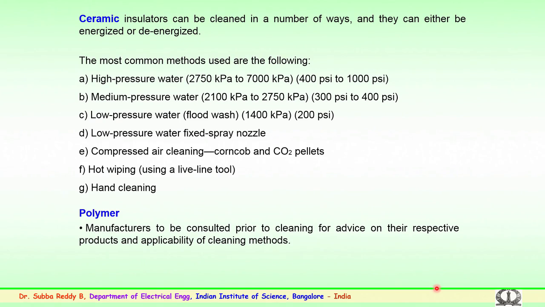Corn cob and carbon dioxide pellets are also used to clean the surface where the surface contaminants have hardened and have to be cleaned. In such cases, corn cob or carbon dioxide pellets are used with the help of compressed air.